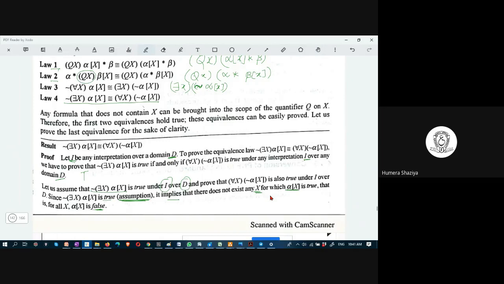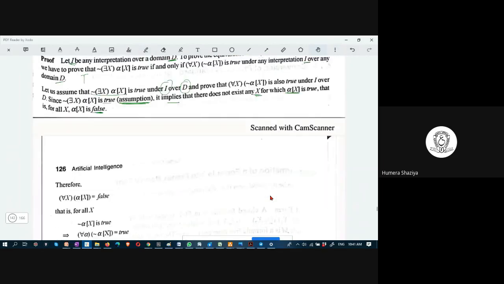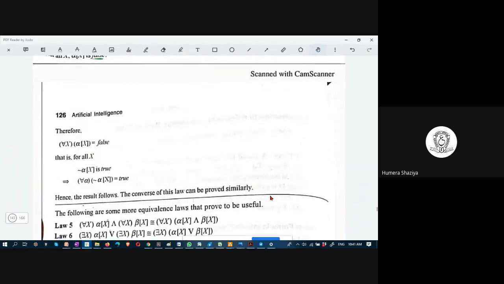And this proves that for all x, alpha of x is equal to false. That is, for all x, not of alpha of x is true. Finally, it is said that for all x, not of alpha of x is equal to true.